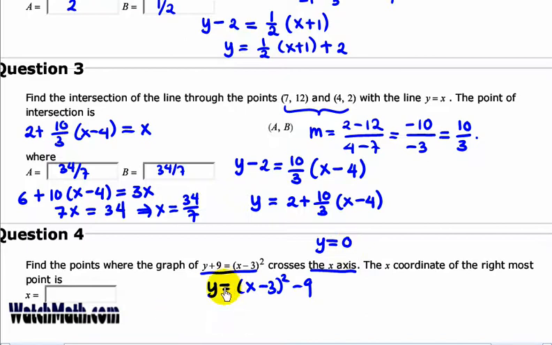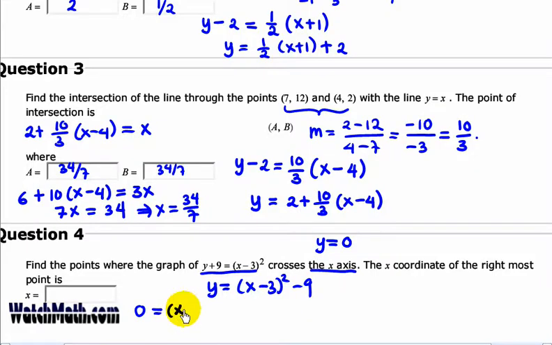Okay, so when we equate these two equations, we have 0 equals (x minus 3) squared minus 9, which is equivalent to, if you add 9 to both sides, (x minus 3) squared is equal to 9.